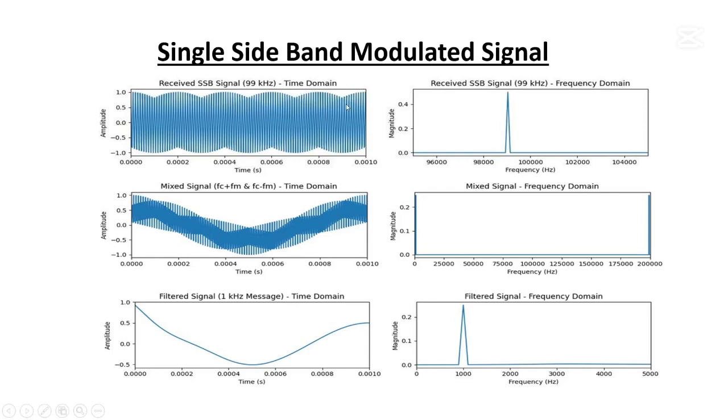If we consider this one as a message signal, then the frequency of this message signal is 99 kilohertz, and let's assume that the frequency of the carrier signal is 100 kilohertz.